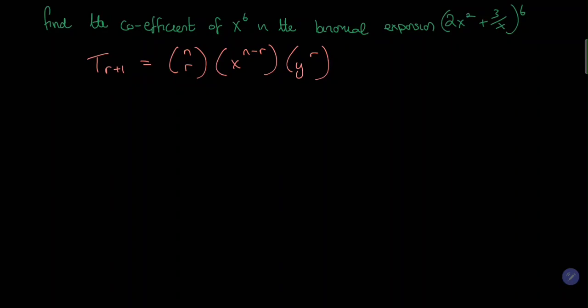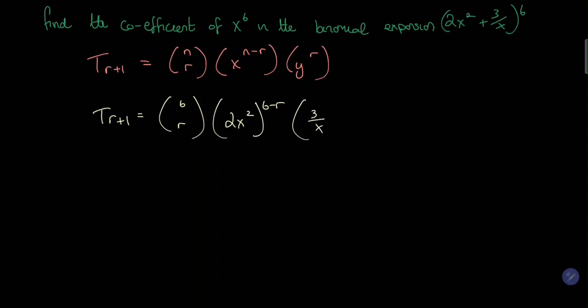So again, we're just going to write it out as much as we can. We know that n this time is 6, don't know r. x is the first term to the power of 6 minus r. y is the second term to the power of r.